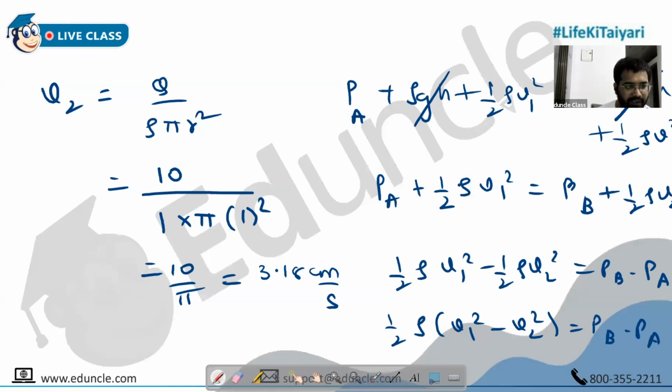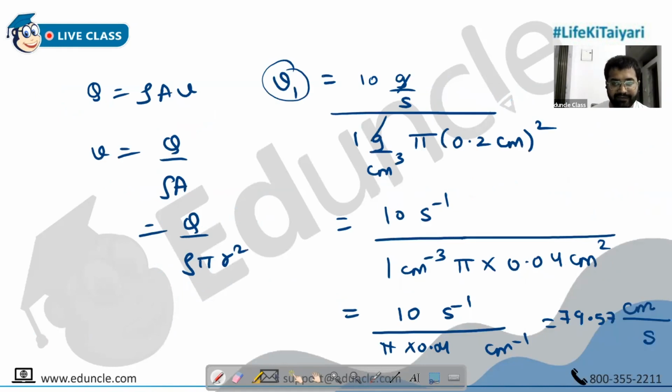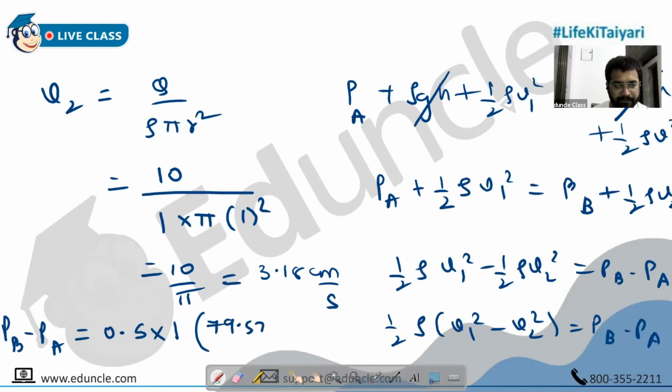So PB minus PA is equal to half, which is 0.5, rho is 1 gram per cc, times V1 square, which is 79.57 square, minus V2 square, which is 3.18 square. So this answer will be 0.5 into the bracket 79.57 square minus 3.18 square.